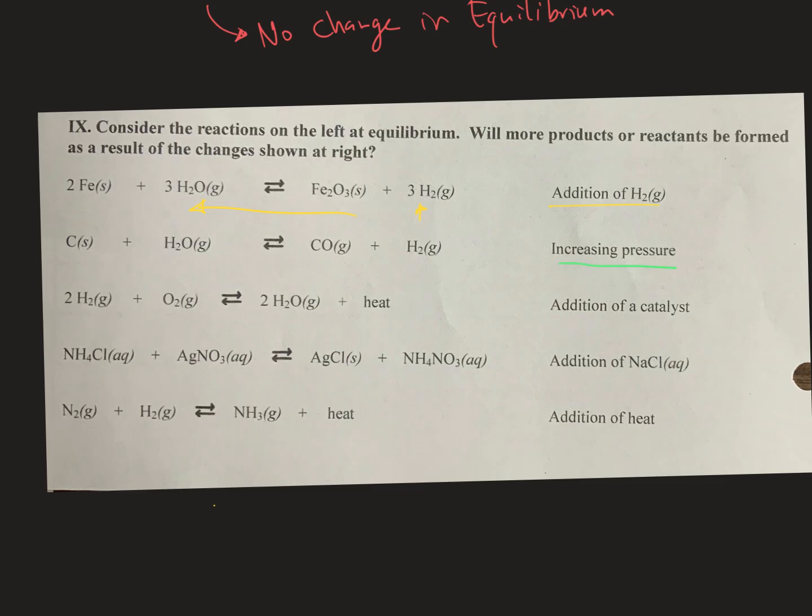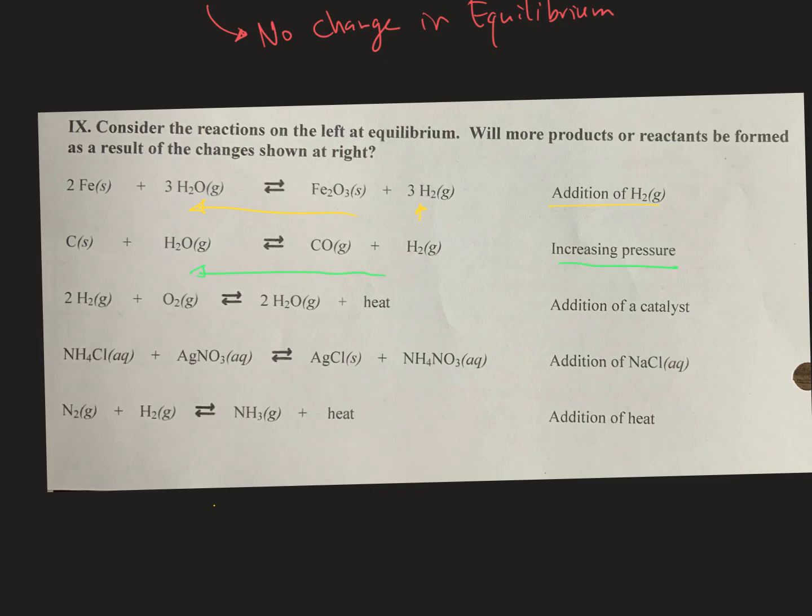What if we increase the pressure on this next one? There's gases on both sides, so what do you think? There's more gases on the right side, so it's going to push it to the left.